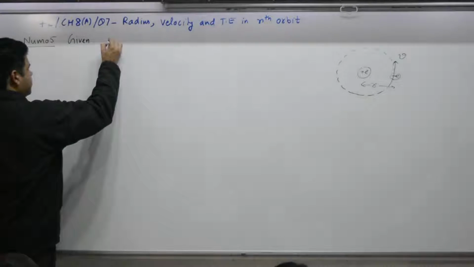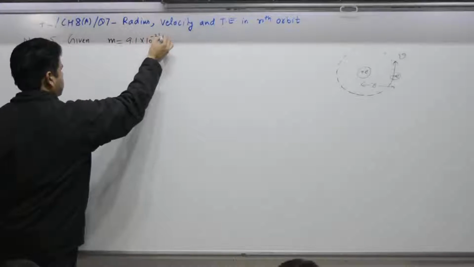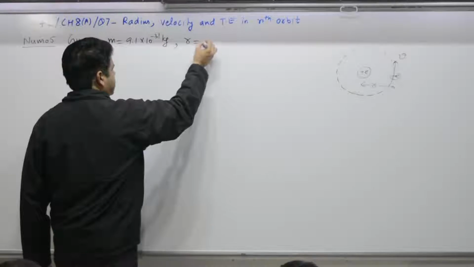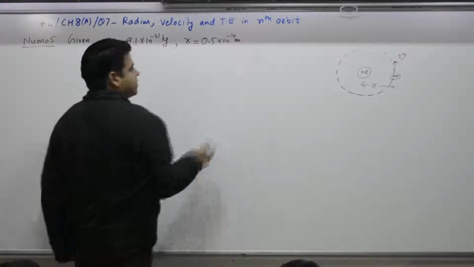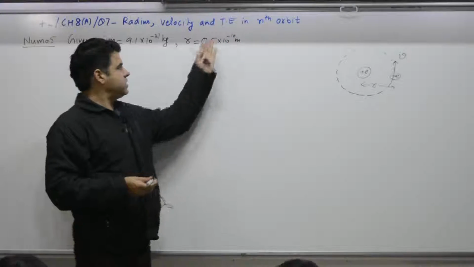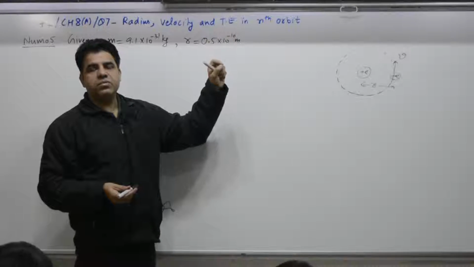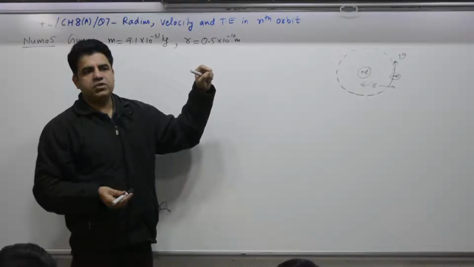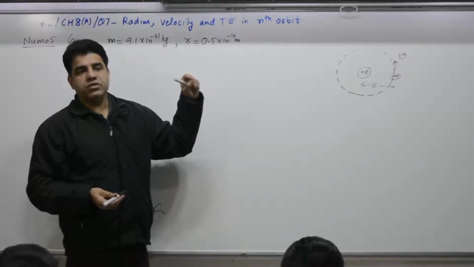How much? 9.1 into 10 to the power minus 31 kg. What else? Radius, how much? 0.5 into 10 to the power minus 10 meter. 10 to the power minus 10 meter is how much? 1 angstrom. So it is 0.5 angstrom. Radius of the first orbit is 0.5 angstrom.